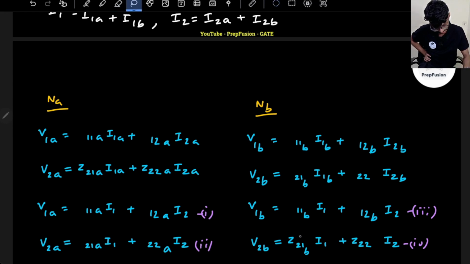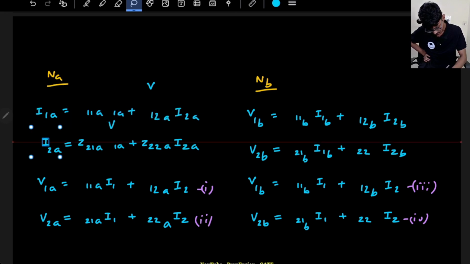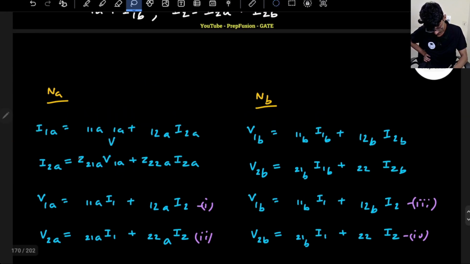The difference here is that this will be I1, and this will be I2A, and this will be V. That is the difference. This Z will get cancelled, and this V will be here. All of this we can delete.